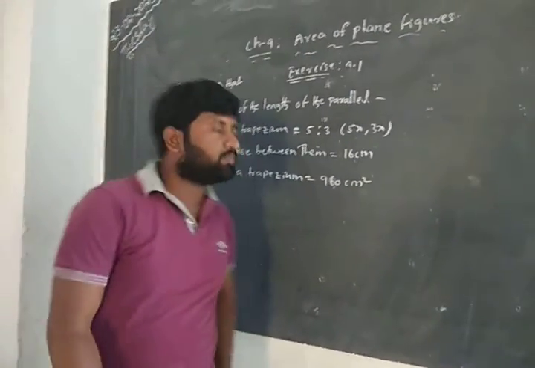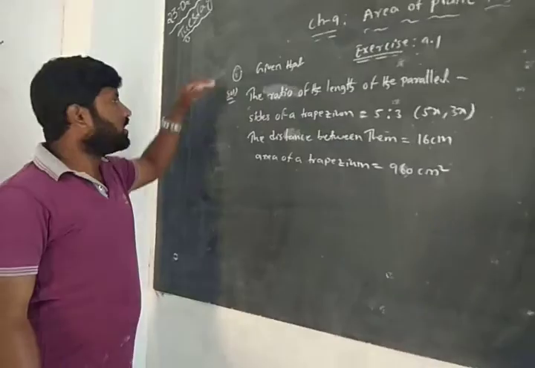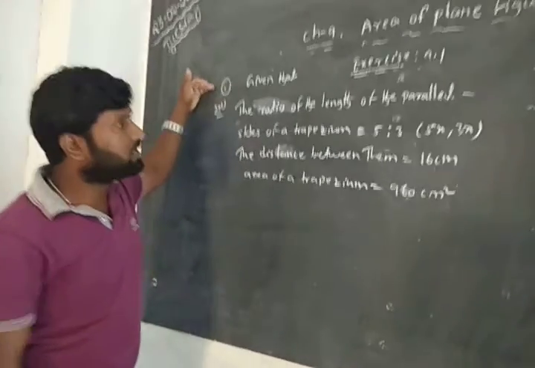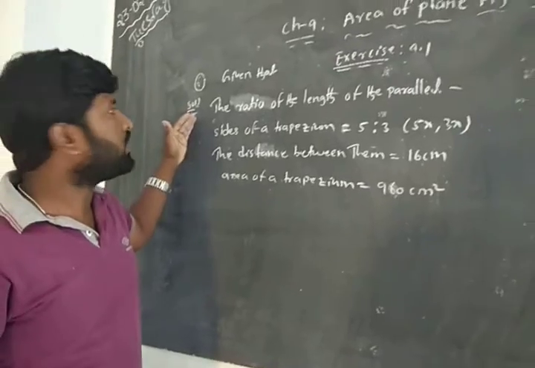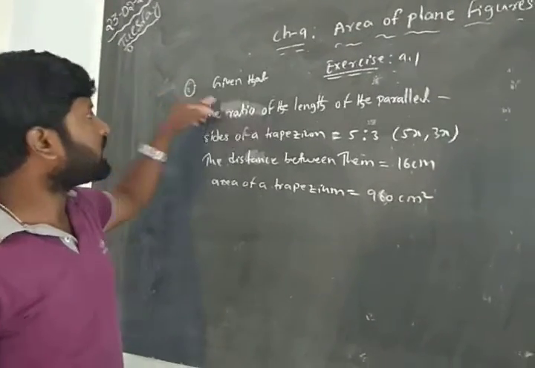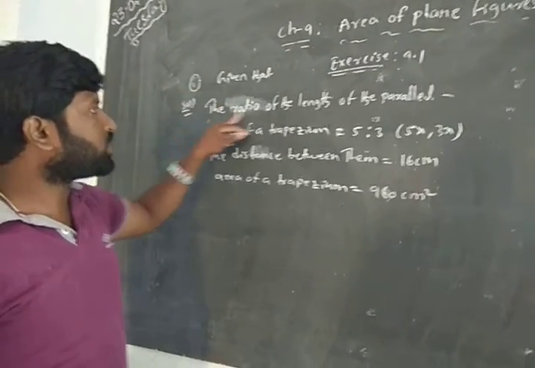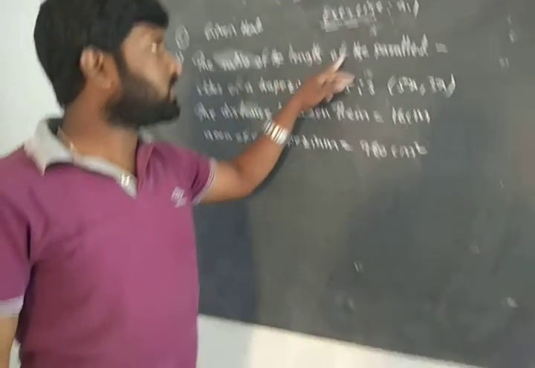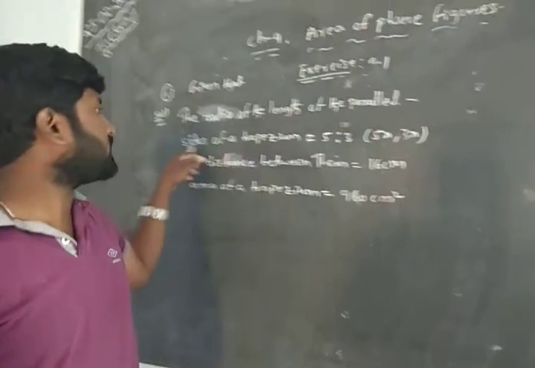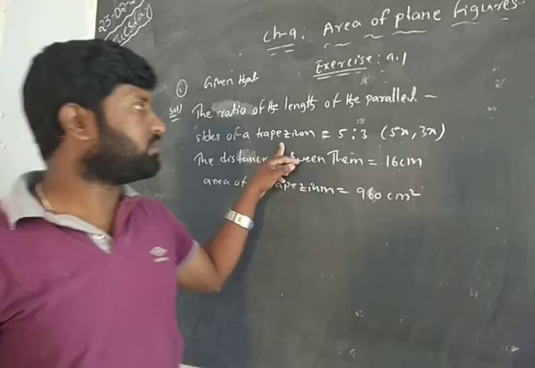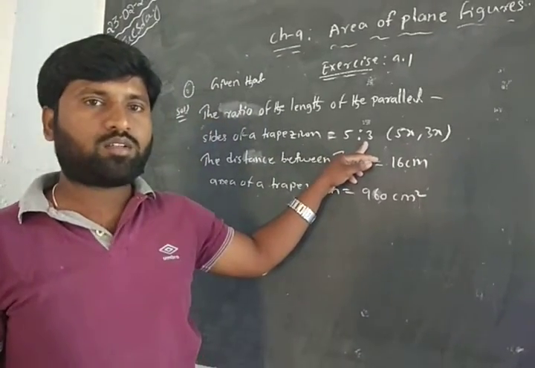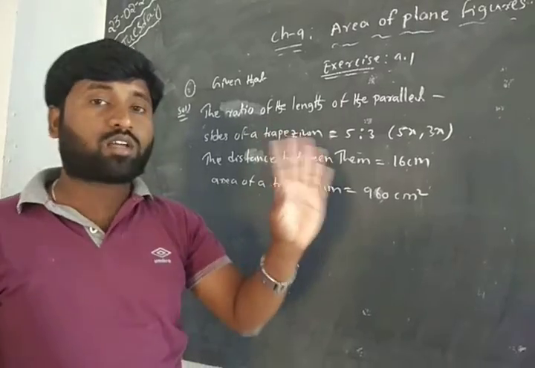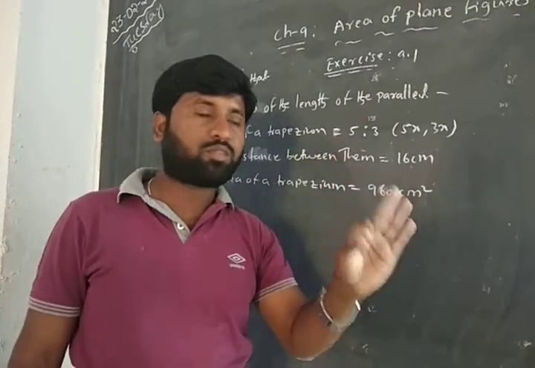Okay students, now coming to question number 6, the data is given like this. This is the data for the 6th question. Given that the ratio of the length of the parallel sides of a trapezium is 5:3, not the lengths, the ratio.